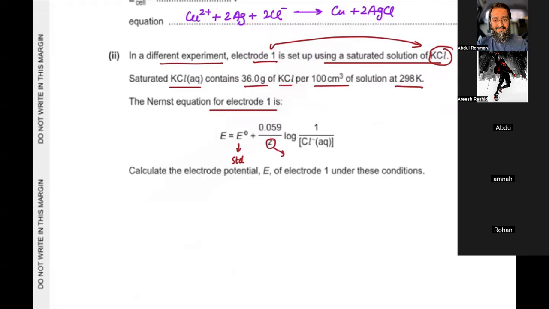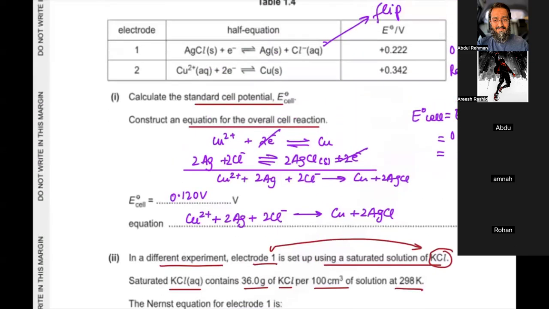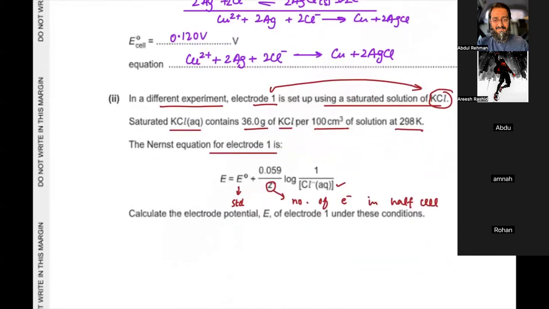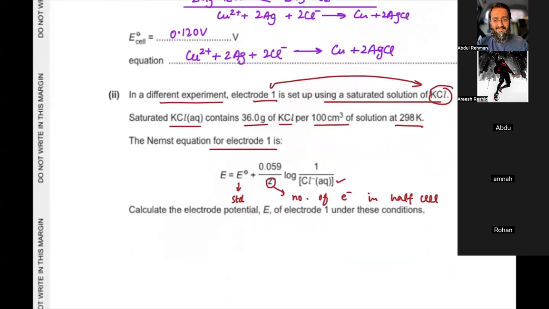Z is the number of electrons in the half cell. Right? And we need the concentration of chloride. Okay. So first we need to calculate the concentration of chloride.